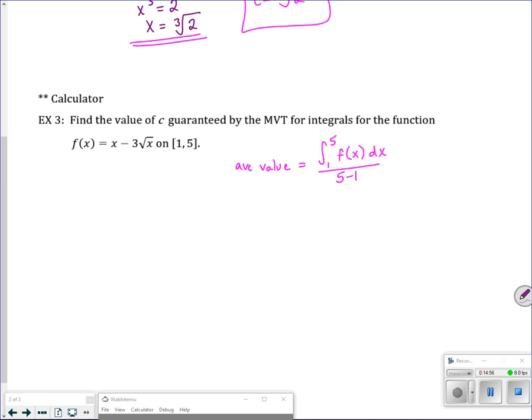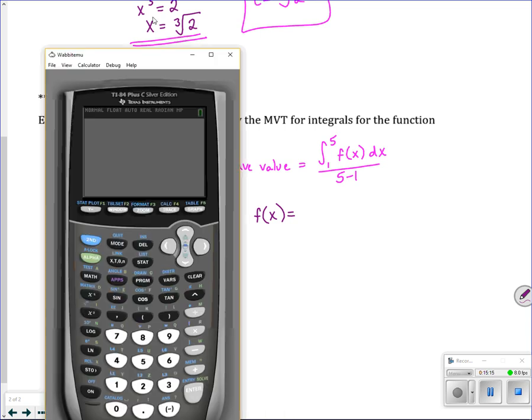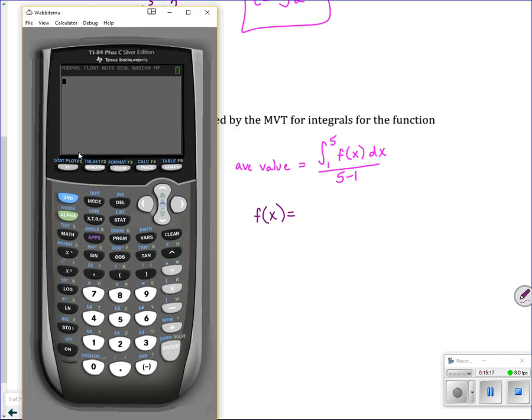Then what am I going to do? Well, I'm going to see when this function, now I could put f of x, yes, when does f of x equal whatever value I get right there? And I'm going to solve that. So let's get my calculator out so you can follow me there.